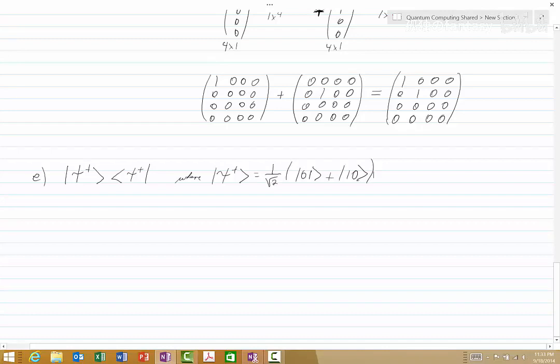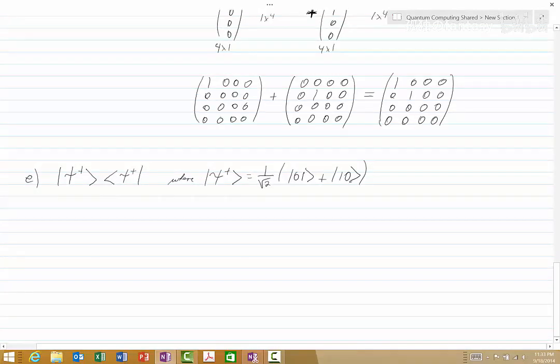So we have 0 1 plus 1 0, and therefore, remember, 0 1 corresponds to the vector 0 1 0 0, and 1 0 corresponds to the vector 0 0 1 0.